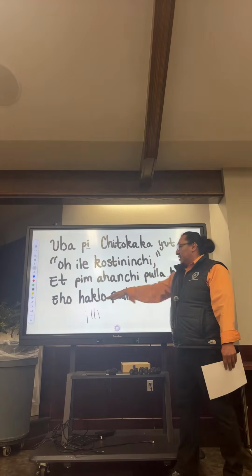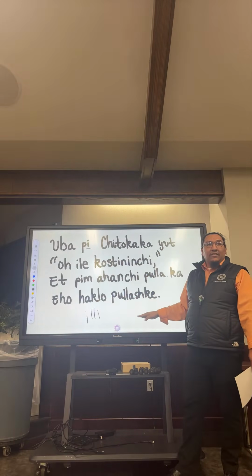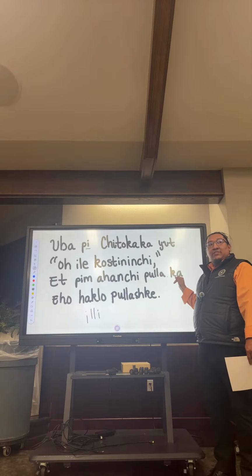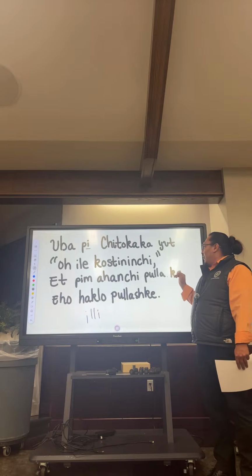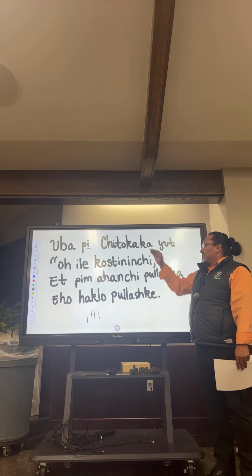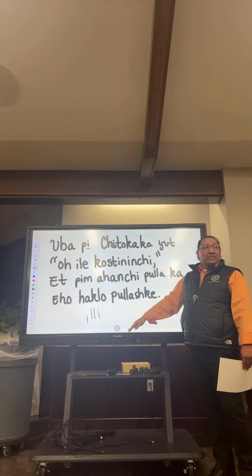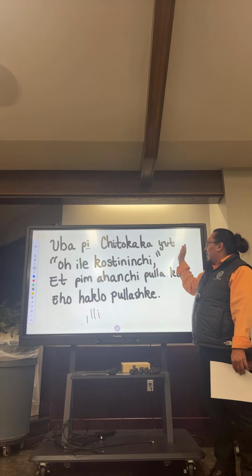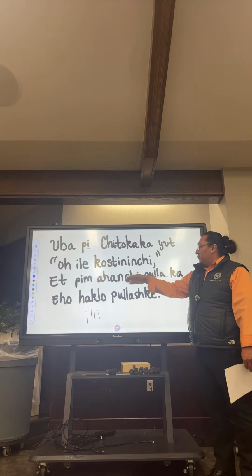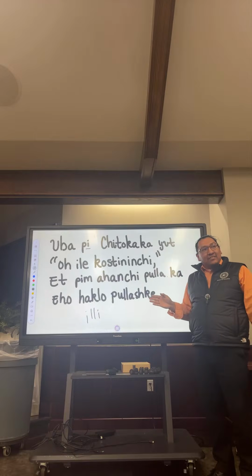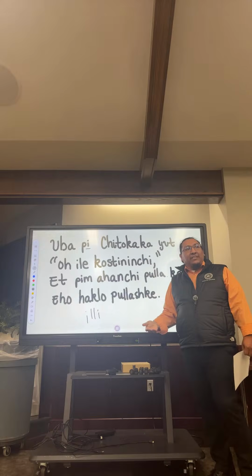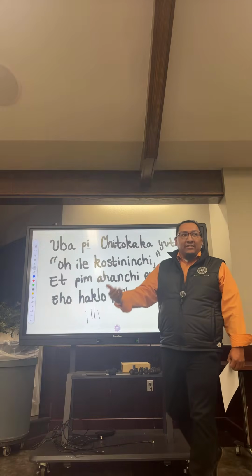And then now it's got a secondary sentence there. We use ka because kat is for same subjects. And so if we use kat here, our heavenly Lord would have to do something in this sentence too. Does that make sense? So if I said, Aba pinchito kaka yet o ili kostanichi ipe mahanchi pullakat ipe mahanchashki or something like that, he will keep on saying to us.